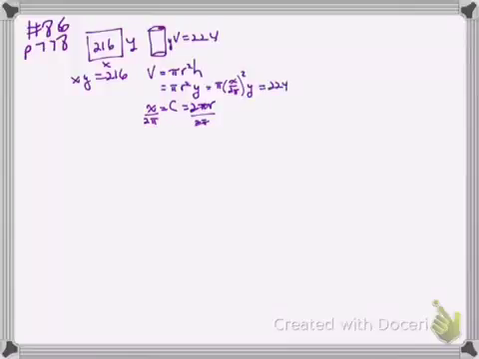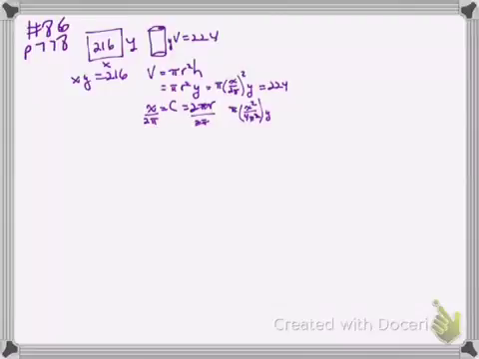So there's one equation, and we have the other equation. I'm going to simplify this. So let me finish that up. So pi times x squared over 2 squared, pi squared, and that's times y.